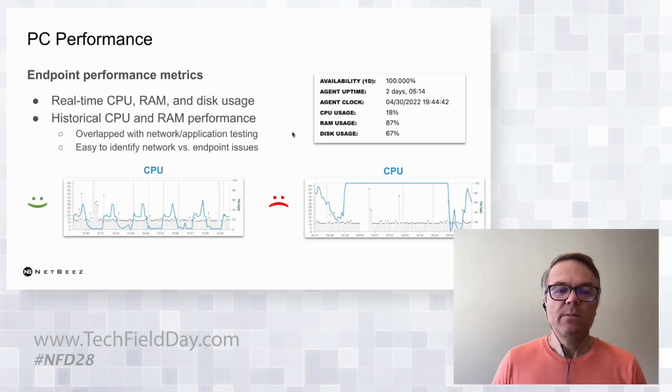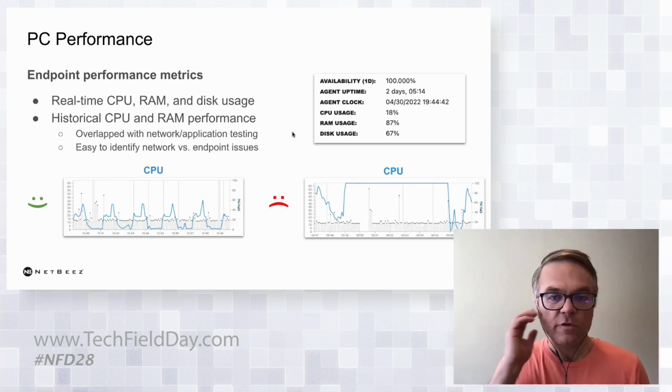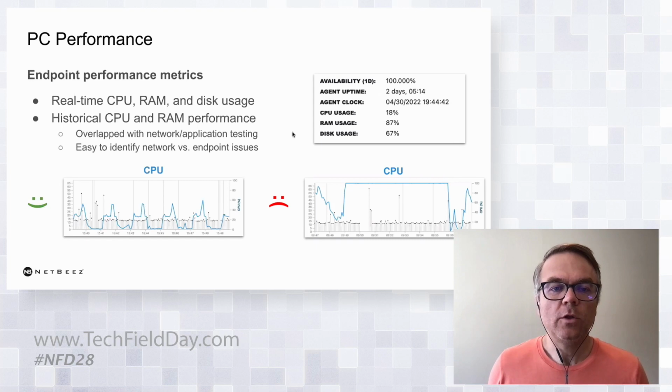So if somebody's CPU is throttling, if their machine is running a number of applications that their CPU cannot keep up with, you're going to have a bad experience, right? That can translate as jittery voice or video conferencing calls, or long loading times for web pages and applications, web apps.